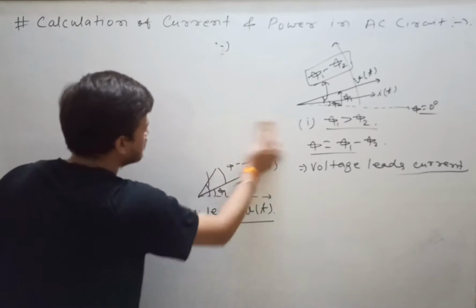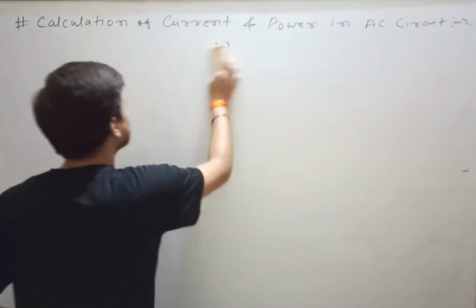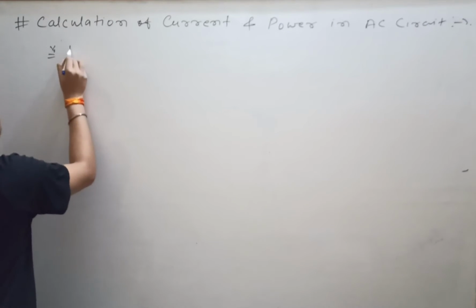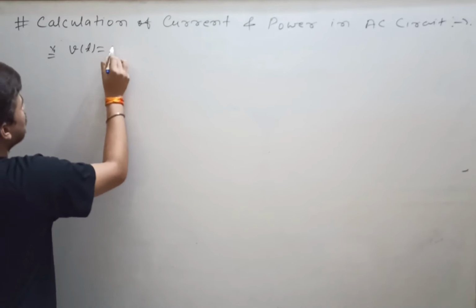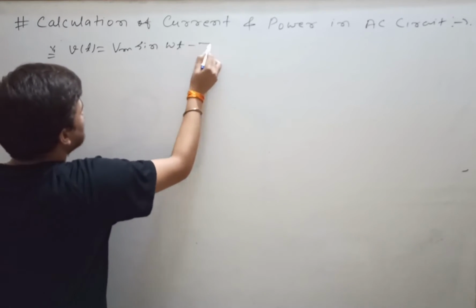They will give you sin omega t and then they will give you another term, that is cos omega t. See, suppose Vt is given to you as Vm sin omega t minus phi 1.